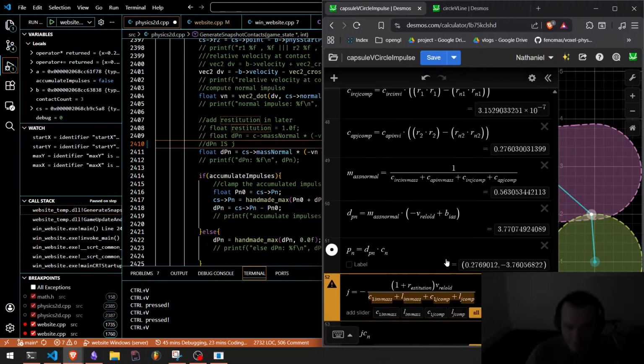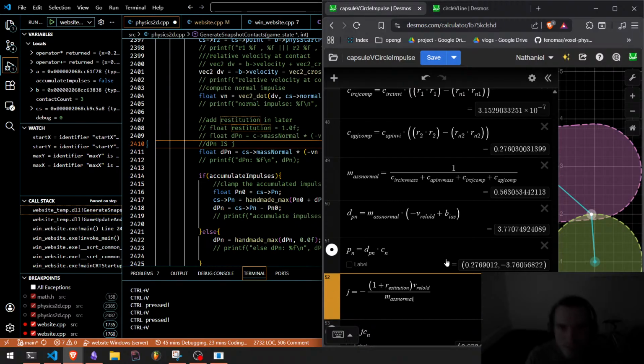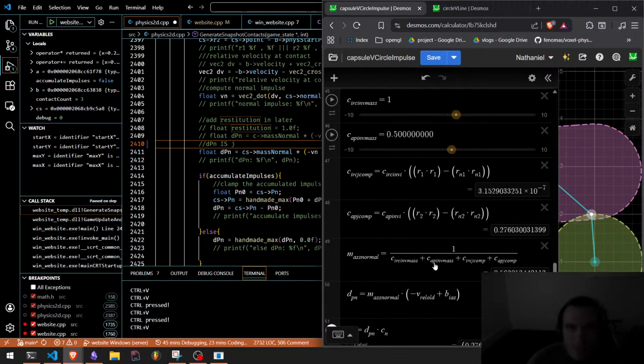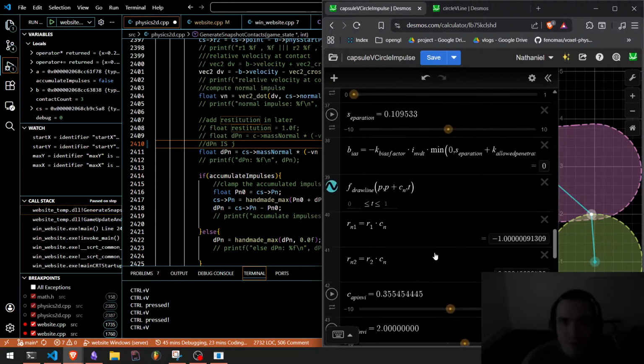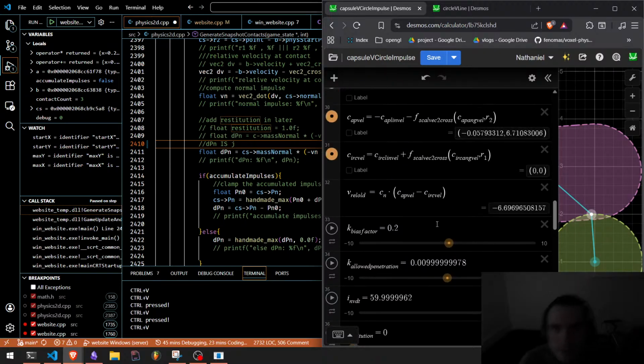And this is just the mass normal. The relative velocity, v rel old, negative 6.69.